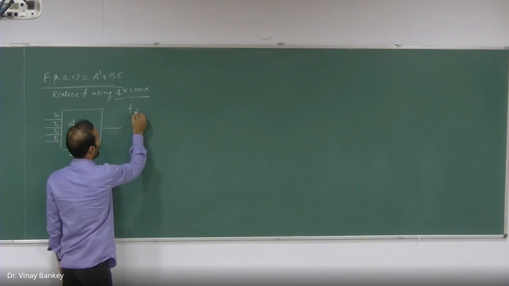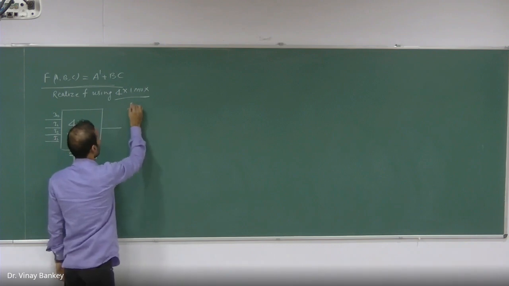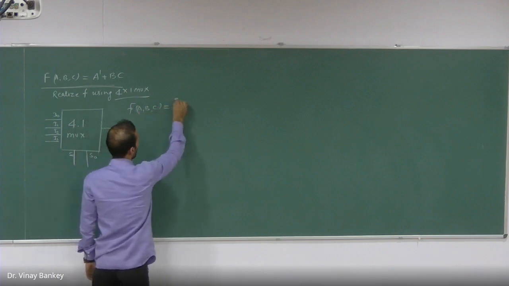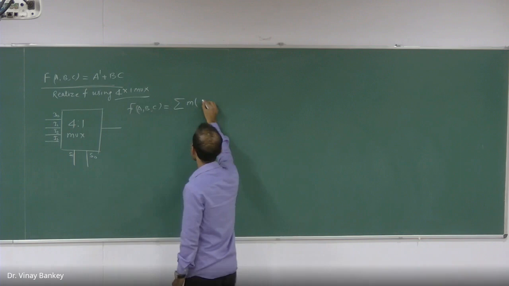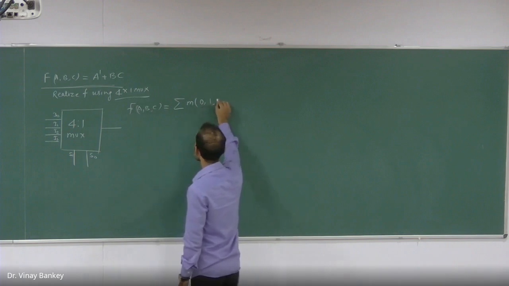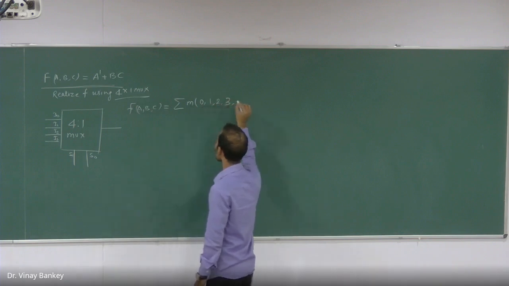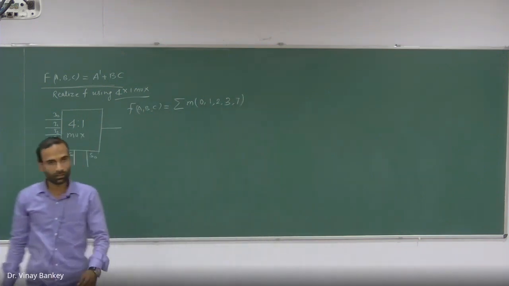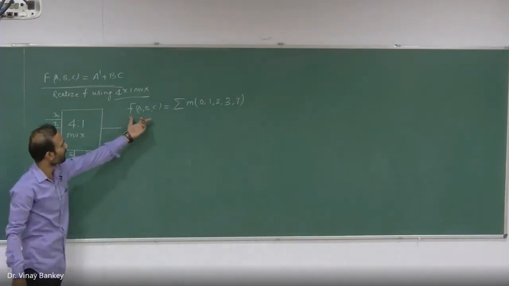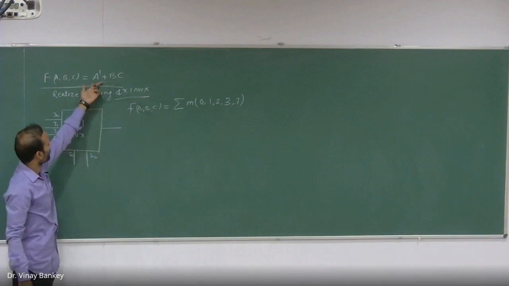If I write A, B, C, the min terms are 0, 1, 2, 3, and 7. So is it correct? These are the min terms which this function holds.